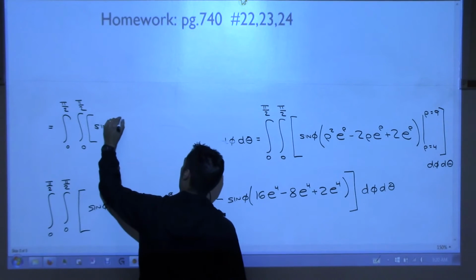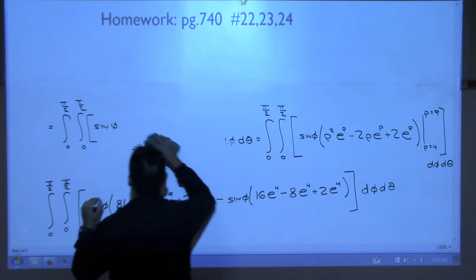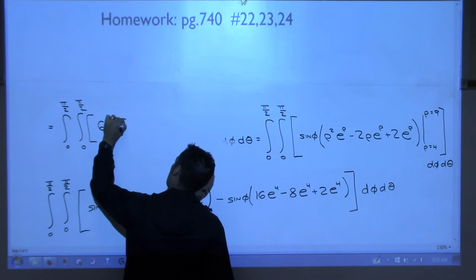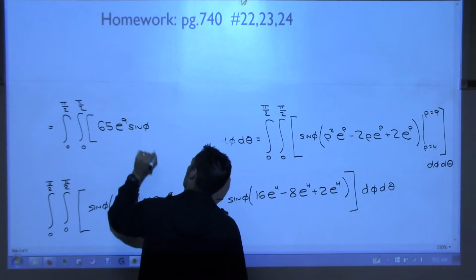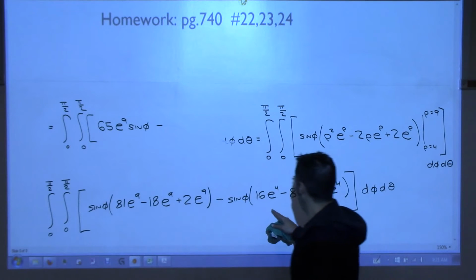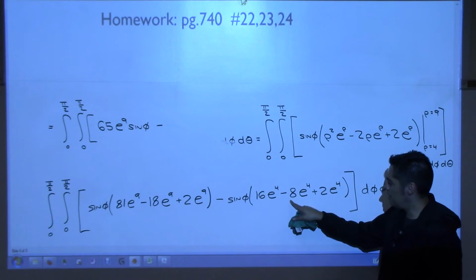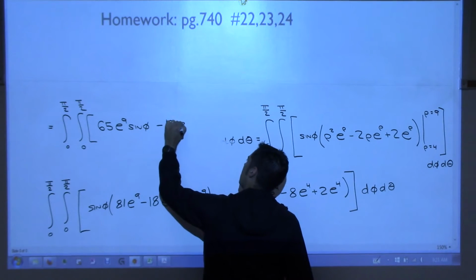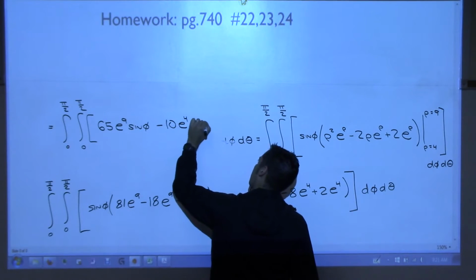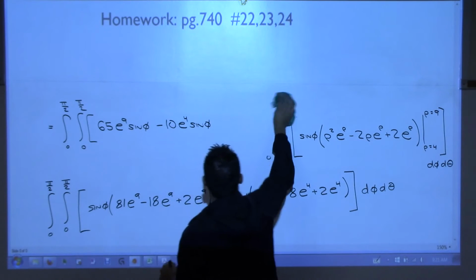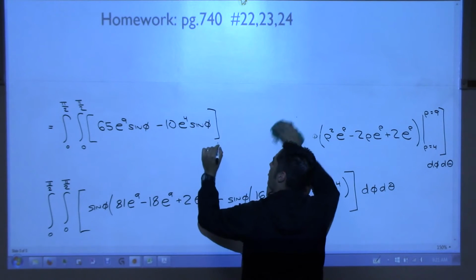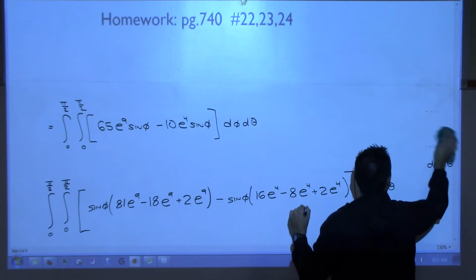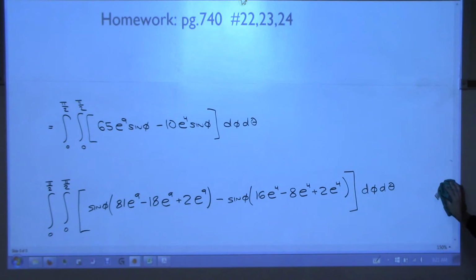So we get 65 e to the 9th. I'm going to write it this way. 65 e to the 9th sine phi minus, over here, you get 16 of these minus 8. That's 8 of them plus 2 is 10 of them. So 10 e to the 4th sine phi, like that. And then d phi d theta. All right, that looks okay.